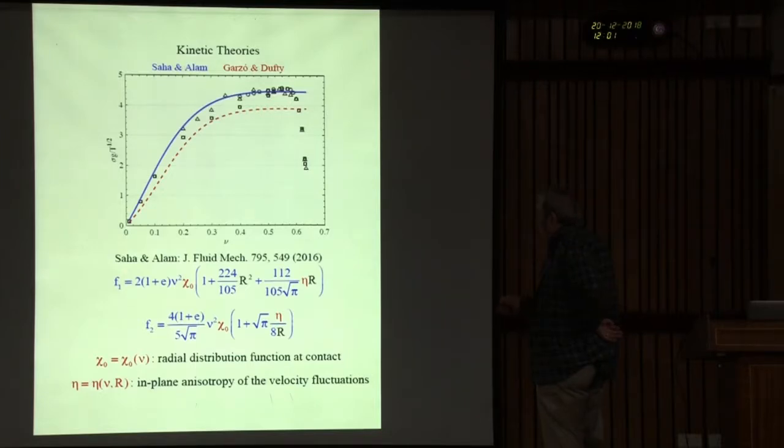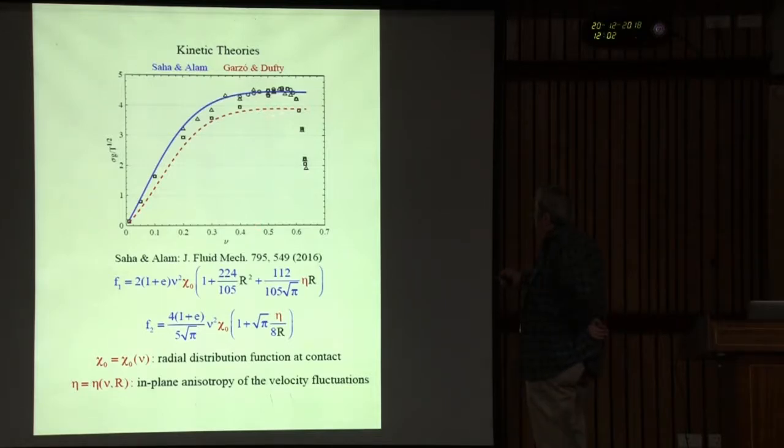Okay, so I'm going to focus attention on the Saha and Alam theory, although the Garzo and Dufty theory is the one that's used most often because of its relative simplicity. And I should say, Saha and Alam did not intend their theory to be pushed beyond 49%, and I know Garzo is surprised that their theory is doing as well as it does at the concentrations before 50%.